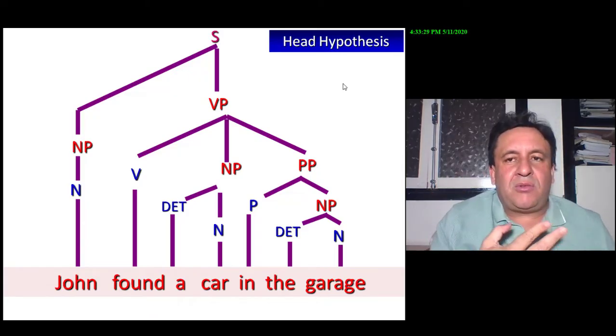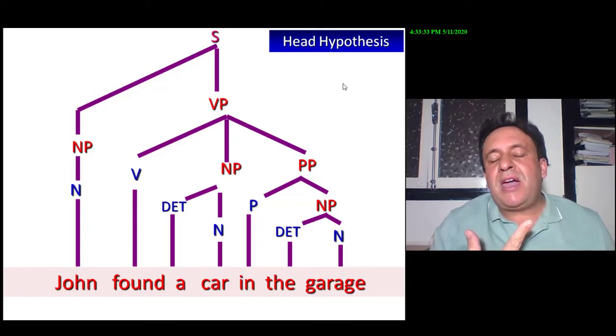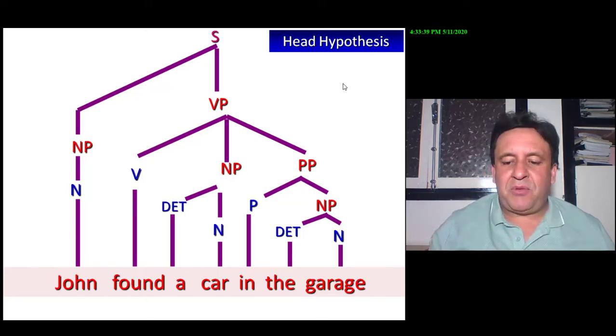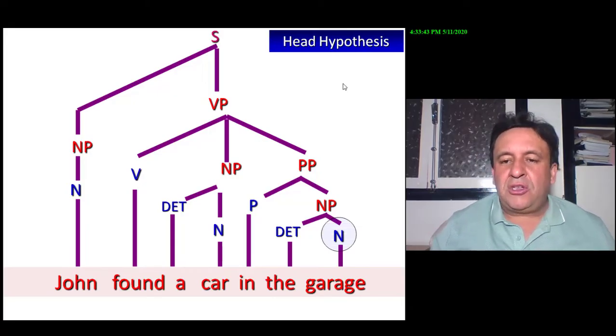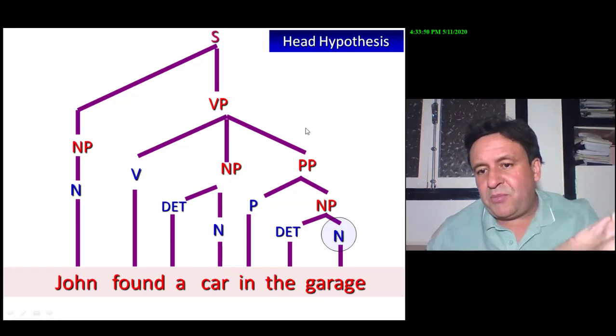Now, let us look at this tree diagram and see to what extent it satisfies the three requirements: the head requirement or the head hypothesis, the binarity requirement or the binarity hypothesis, and the projection requirement or the projection hypothesis. Let's start with the head hypothesis. Look at the noun that we have here. That's the head of the NP. So the NP is headed and it has only one head, which is the noun. So it's consistent with the head hypothesis.